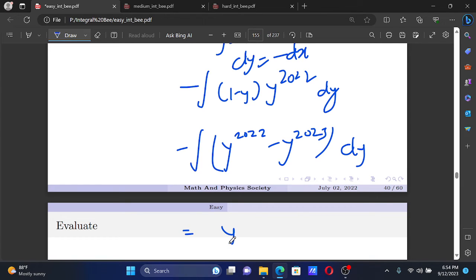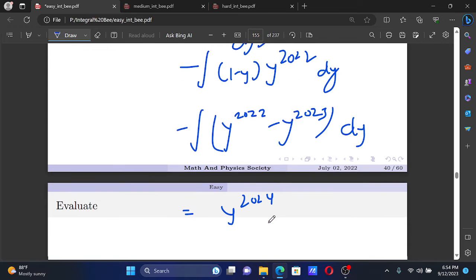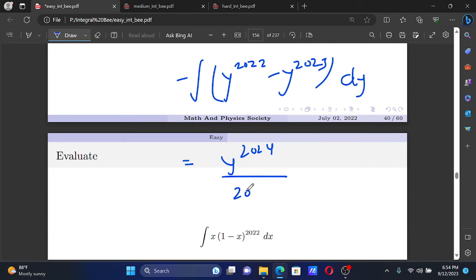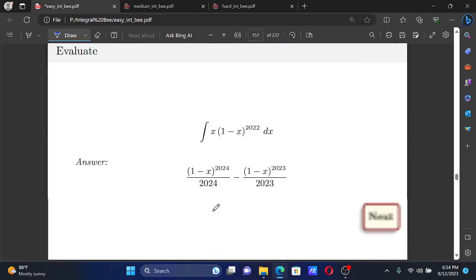So that should be y to the power 2024 by 2024 minus y to the power 2023 by 2023 plus c. And in place of y, just put 1 minus x, and that should be the answer.